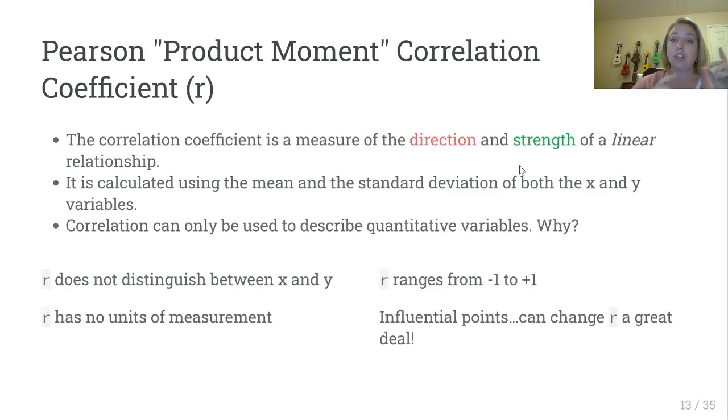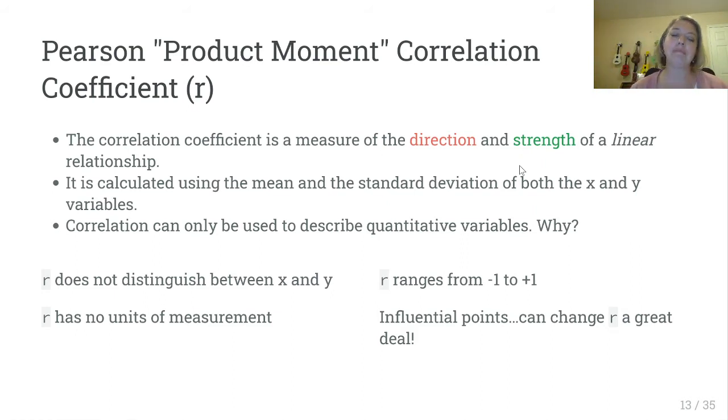So the direction is shown by the positive or negative sign in front of the r value. r is a number that we calculate on sample data, and it does not matter when we calculate it which variable is X and which variable is Y. The two are interchangeable in the calculation of correlation.